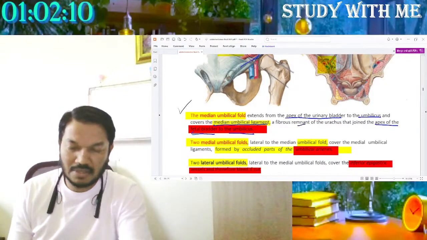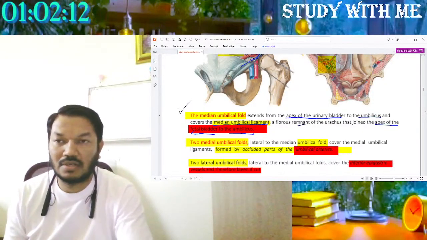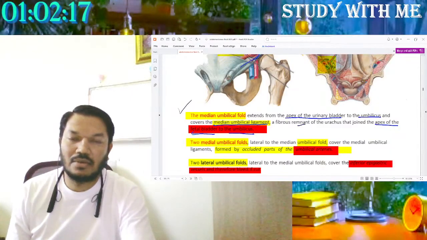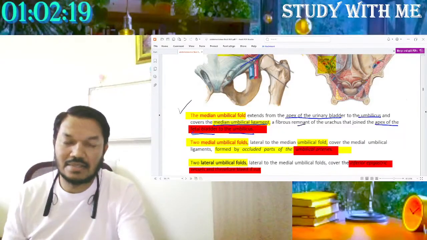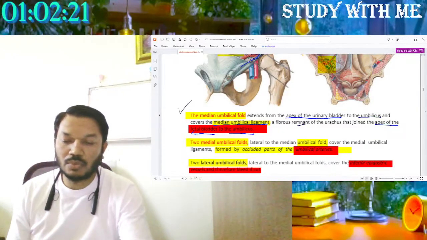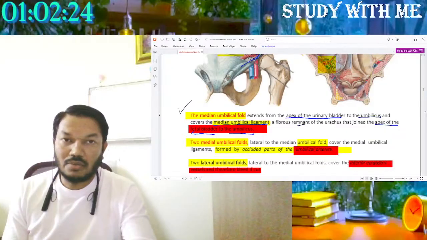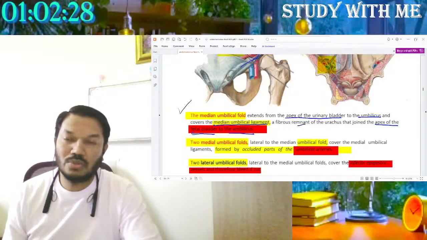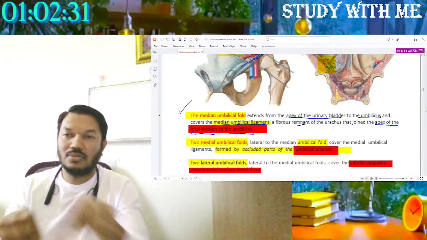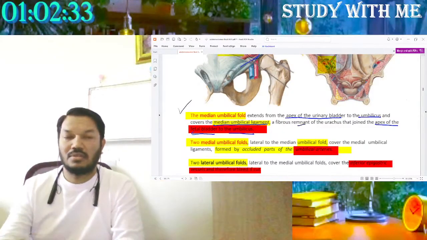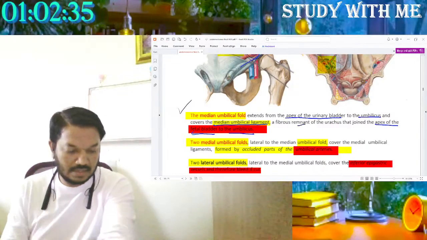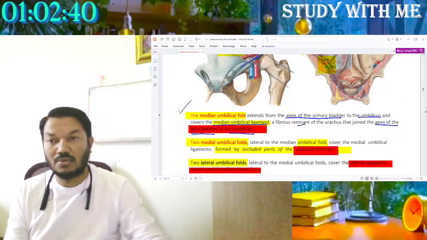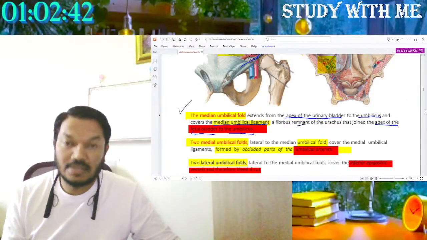Especially very young neonates, 1 day or 2 days, 5 days, 10 days, or 1 month, at this age range when they pass urine, urine used to come through the umbilicus. Even sometimes when they pass stool it comes through the umbilicus. It is due to the abnormal communication. These structures are called fistula.